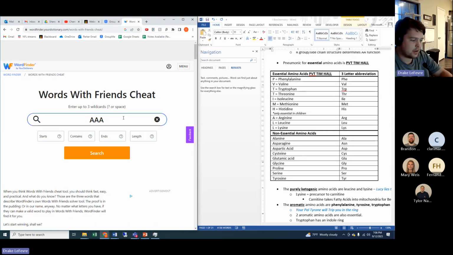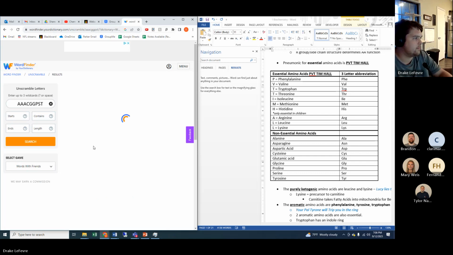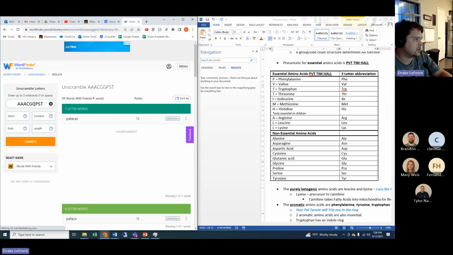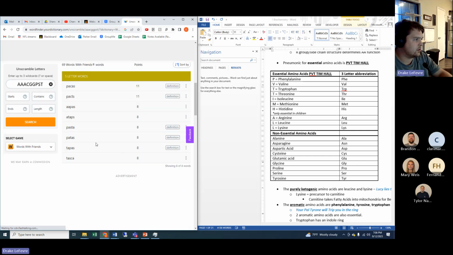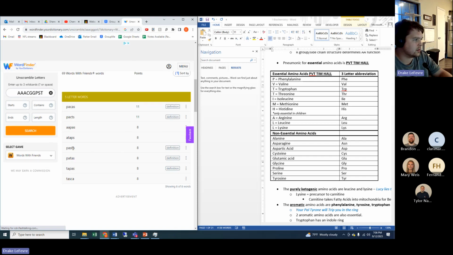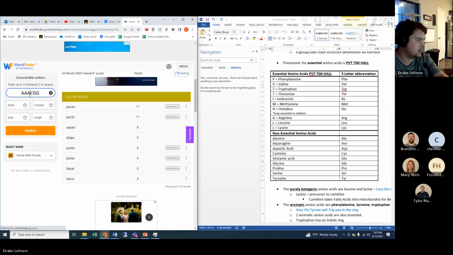So A, C, G, G, P, S, T. Let's see if we can make words: 1, 2, 3, 4, 5, 6, 7, 8, 9. That's 9 letters. You can go through and figure out words. So start with pasta, and let's see, P, S, T, and then 2 A's.